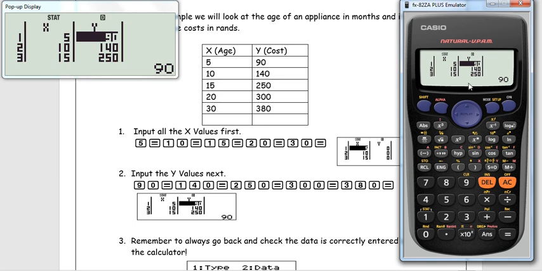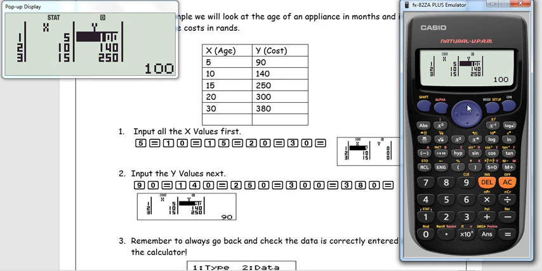If at some point you have made a mistake when entering your data, the easiest way to correct this is to have a look at where your block is highlighted. You've got that black block around it. Let's say, for example, my y value should have been 100. All you are going to do is change that. 100 equals, and there you will notice it would have changed our value.